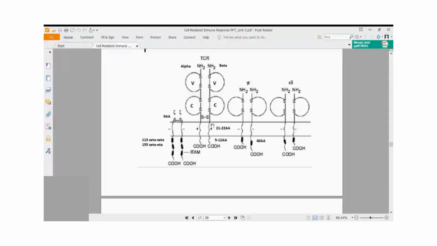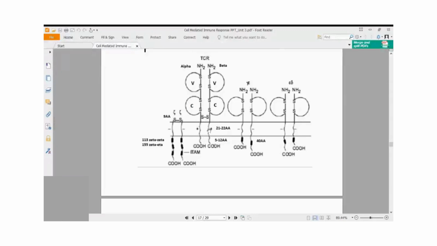So the transmembrane region is predominated by positively charged amino acids. Therefore, it is represented by a positive charge. And there are about 21 to 22 amino acids in the transmembrane domain. And the cytoplasmic domain, I already told you, is very short.